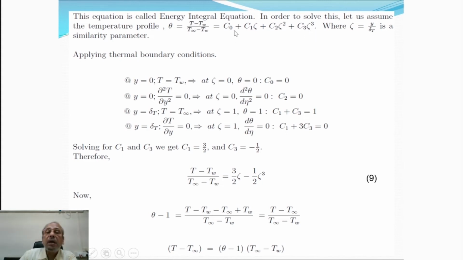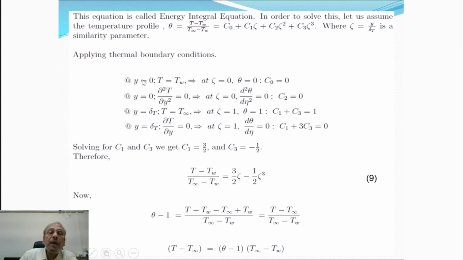This is C0 plus C1 xi plus C2 xi square plus C3 xi cube. This is also a higher order polynomial, third order, and xi is the similarity variable for temperature, given as y by delta t. So now again we apply the boundary conditions in order to evaluate these constants so that we can get the complete profile.